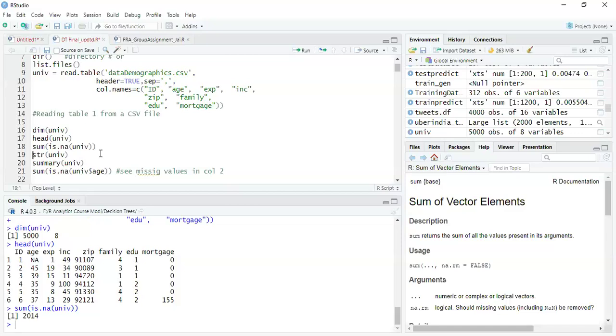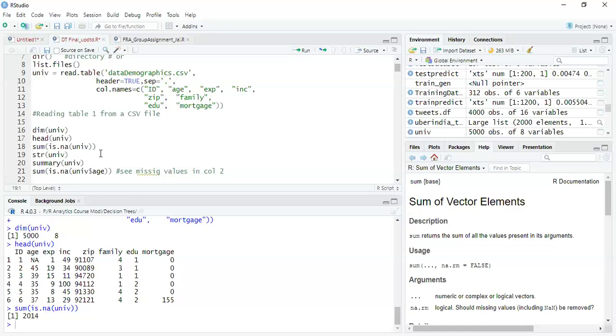So 2014 divided by the total number of cells, 40,000, multiplied by 100, gives around 5.02 or something. So about 5% of cells are missing.